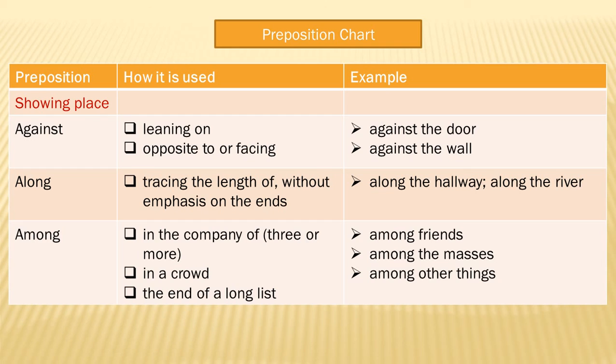Among is used for in the company, three or more, in a crowd, the end of a long list. There is a difference between among and between. Between is used for two. Among is used for three or more. Among friends, distribute the mangoes among the friends, among the masses, among the other things. Next slide.